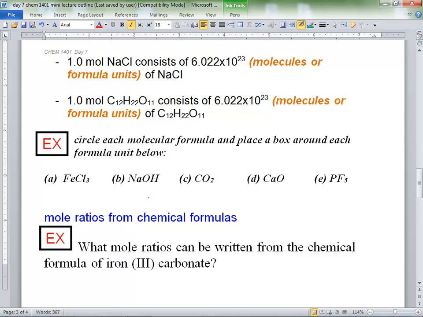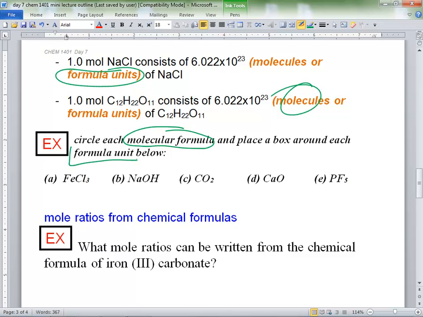Exactly, because it's not a molecule. 1 mole of sugar consists of 6.022 times 10 to the 23rd, everybody? Molecules. Good deal. Okay. So you do this. Circle the molecular formulas and put a box around the formula units. So if you see a molecular formula, circle it. If you see a formula unit, put a box around it.